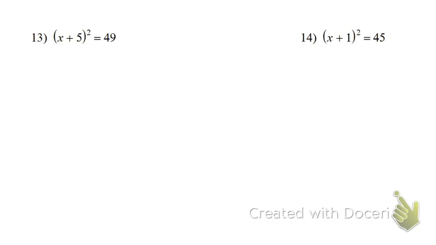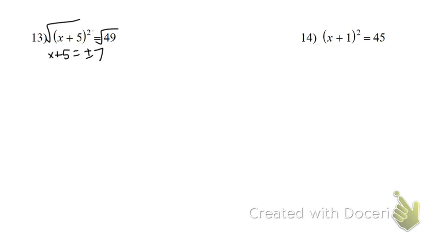Now would be a good time to pause the recording and work out number 13 on your own. Hopefully you paused. I'm going to go ahead and solve it. Square root both sides. Square and square root undo each other, so x plus 5 equals plus or minus 7.